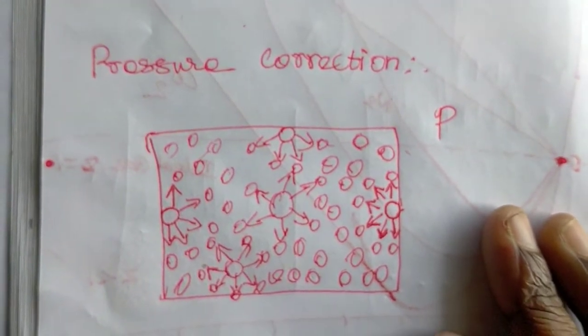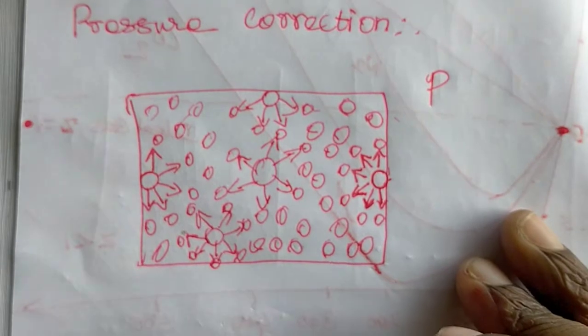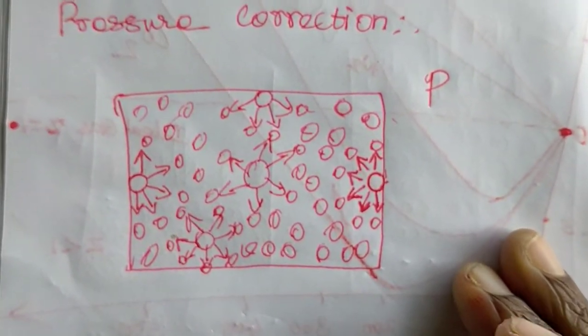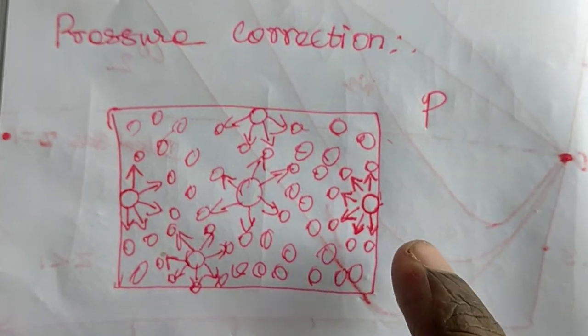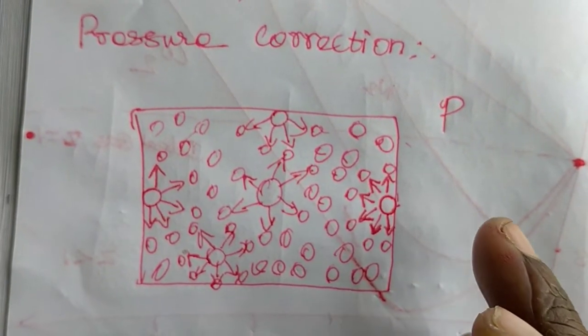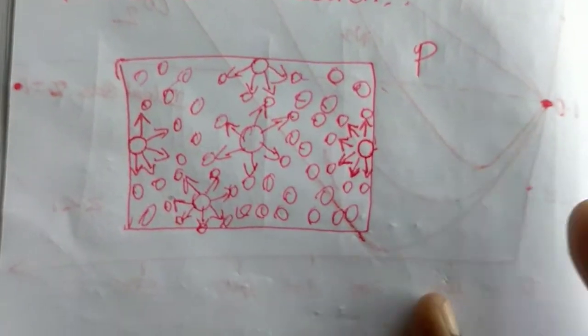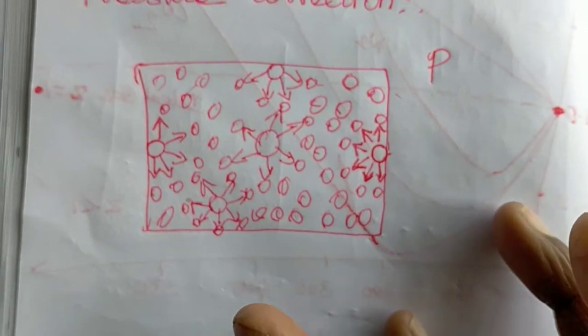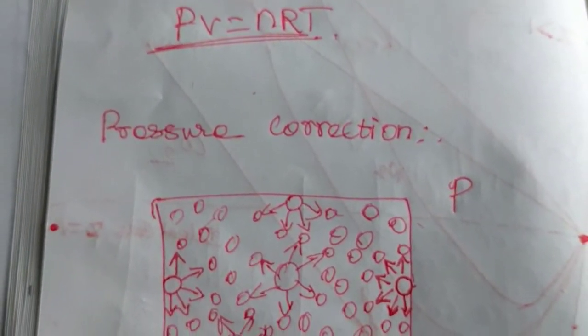Generally, the measured gas pressure is lower than the ideal pressure of the gas. So van der Waals made a correction in the ideal gas behavior, which we can call the pressure correction.